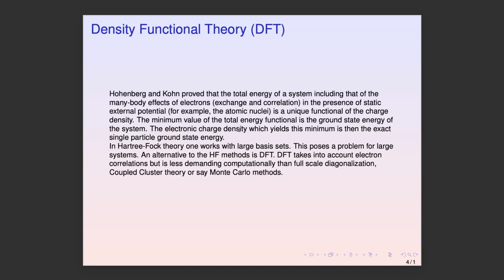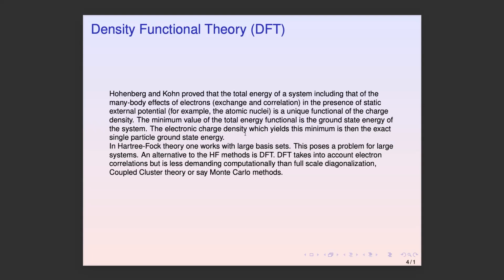What they showed is that there exists a unique functional, which is a functional of the density of the system. And the minimum value of the total energy functional is the ground state energy of the system. And in case of electrons, this charge density is the same as the density of particles multiplied with the charge.